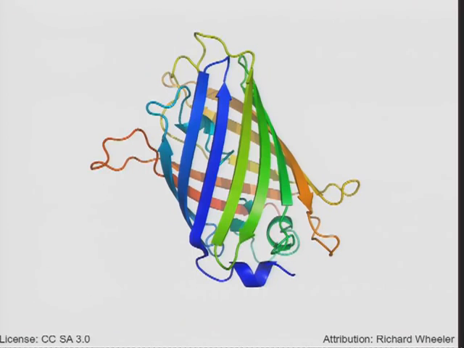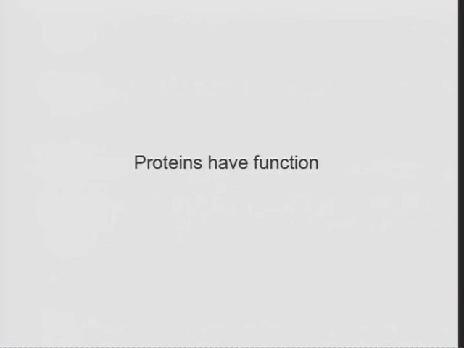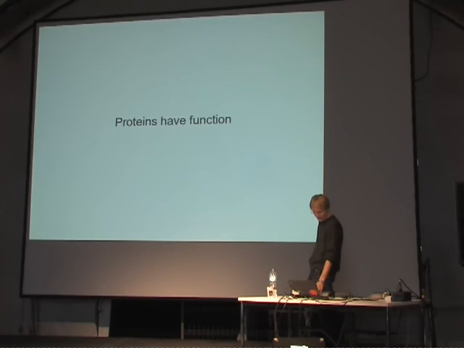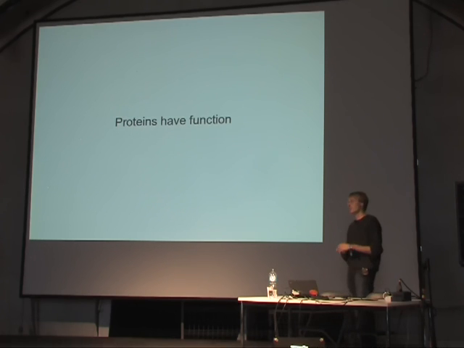And this is actually one strand of amino acids that's folded into the structure of the green fluorescent protein. It's the structure that gives it function, the structure and the different amino acids and the different positions. So yeah, proteins have function. That's why they're useful. So what I just showed you tells you how all the components or most of the components in living organisms are made.